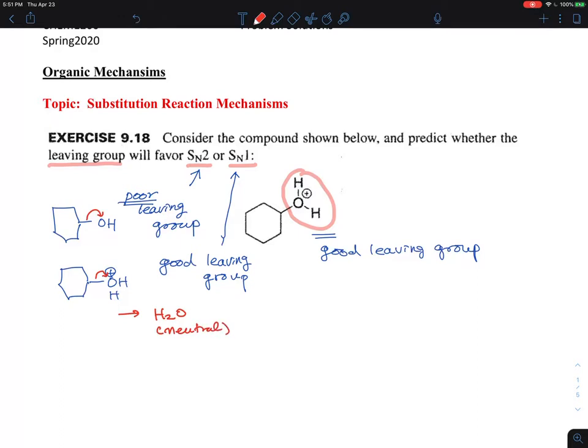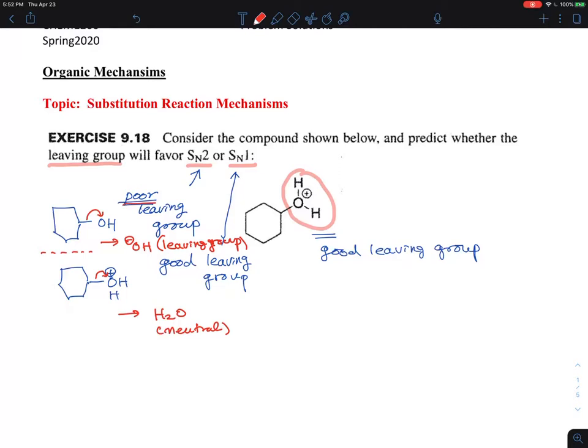So that's a pretty easy process compared to this one, where you need to develop OH minus as a leaving group. That's pretty much not likely to happen. When the leaving group is poor, it's not likely.